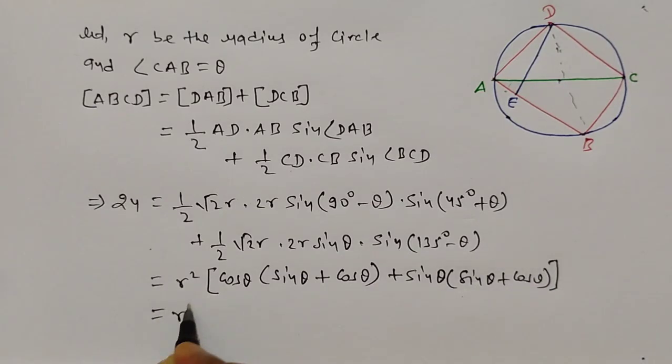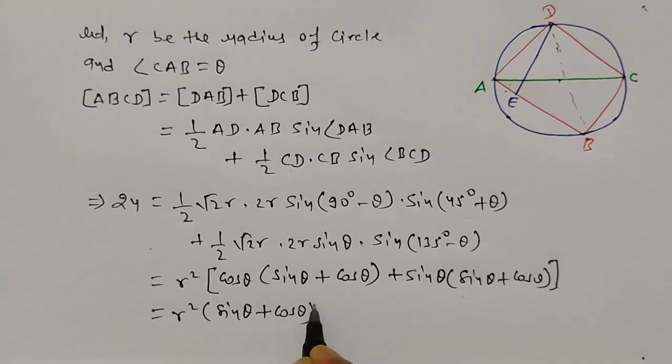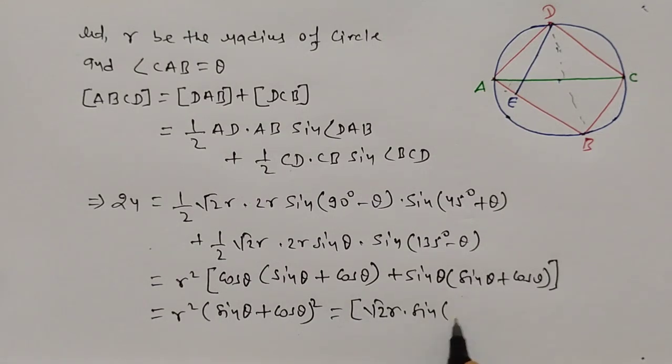This is equal to r square into sine theta plus cos theta whole square, and this is equal to root 2r sine 45 degrees plus theta whole square, and this is equal to DE square.